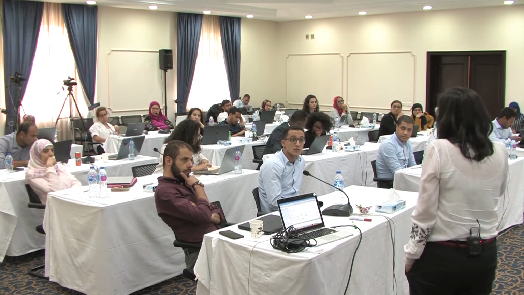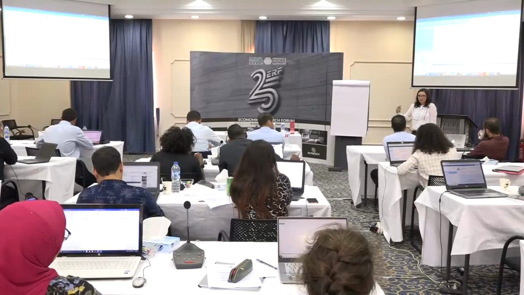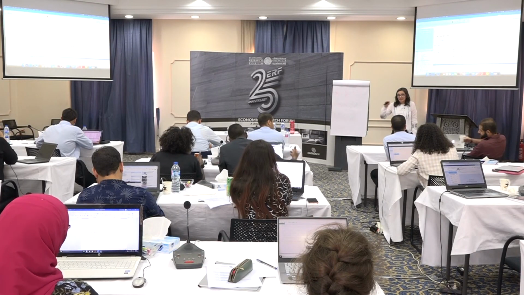So usually with age, if you include only age and it's positive, this means that the older I become, the more I will participate in the labor market. But at a given age, this participation will decrease. So there is a non-linear impact of age on labor force participation. So when you include age squared, you take into consideration this non-linearity.